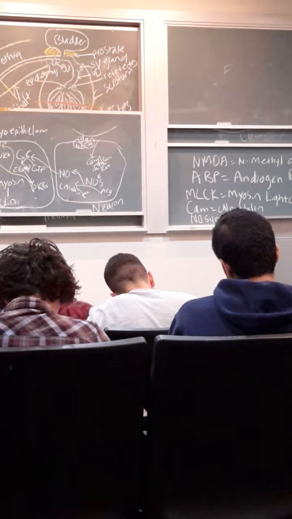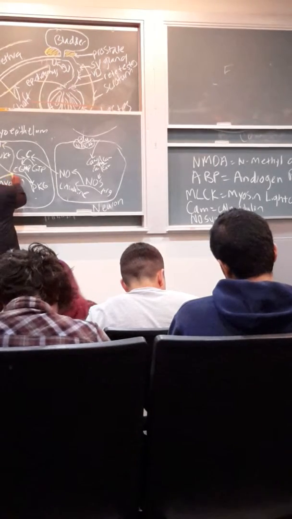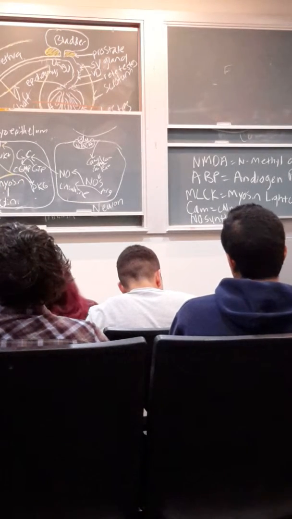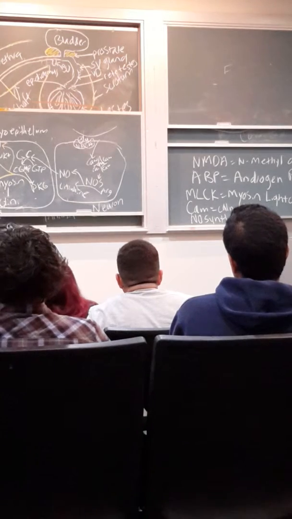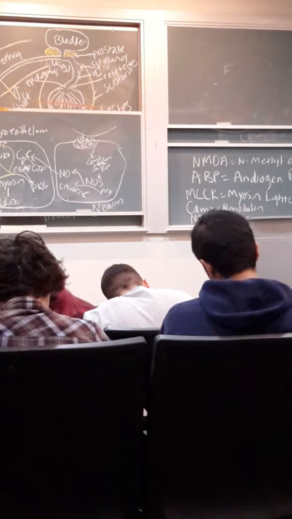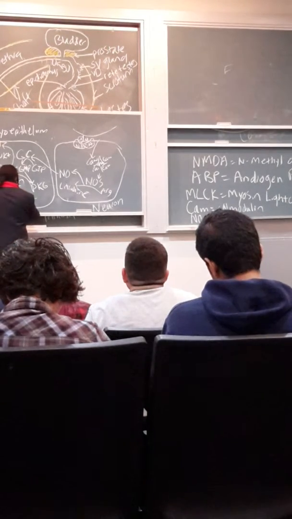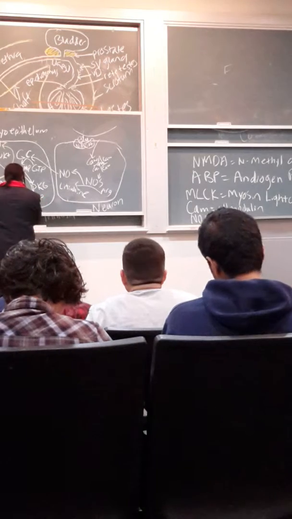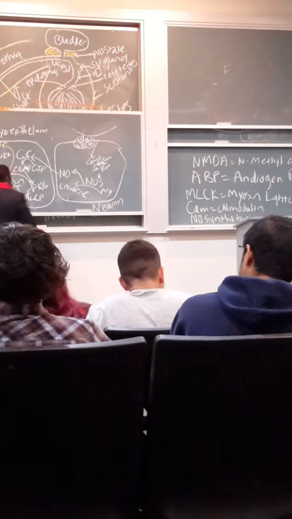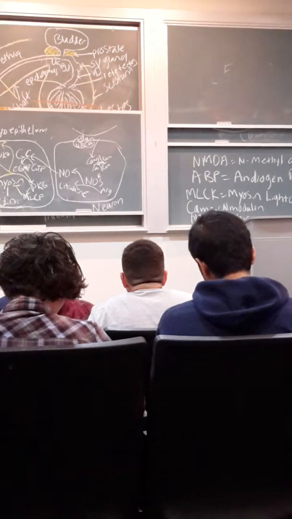This PKG also phosphorylates and blocks myosin light chain kinase. This PKG also turns on something called myosin light chain phosphatase, which deactivates myosin.